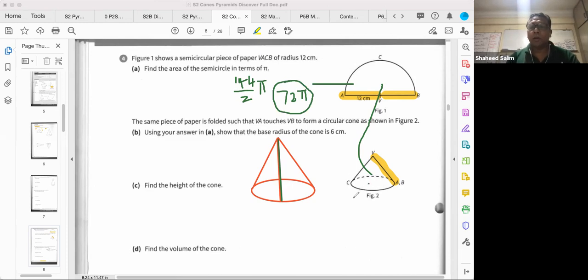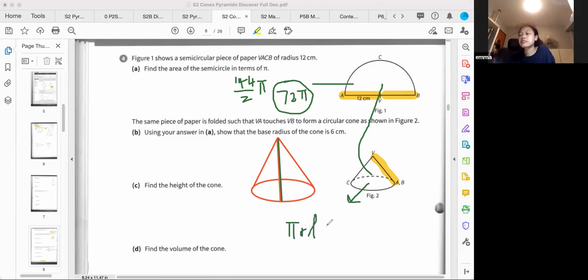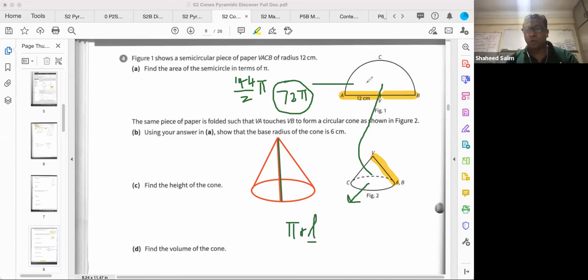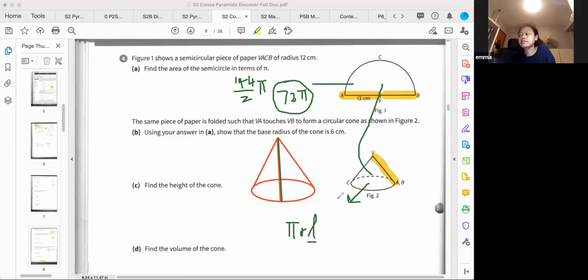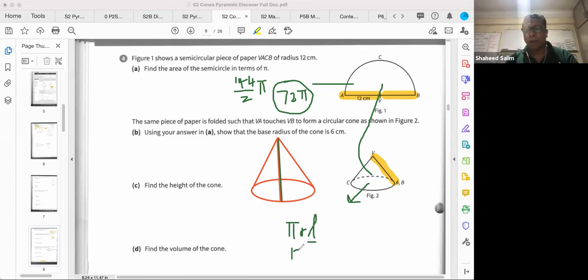So this one now, your formula for curved surface area is pi r L. But this L now, you know, is 12. You can substitute 12 pi r. This is equals to what? This is equals to 72 pi. It's equals to 72 pi.